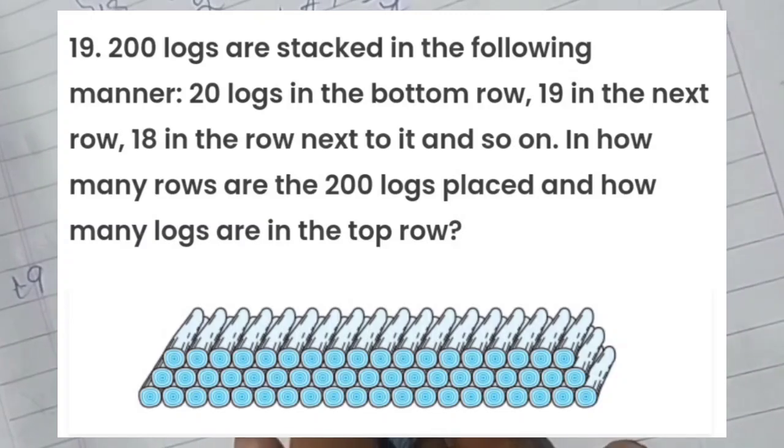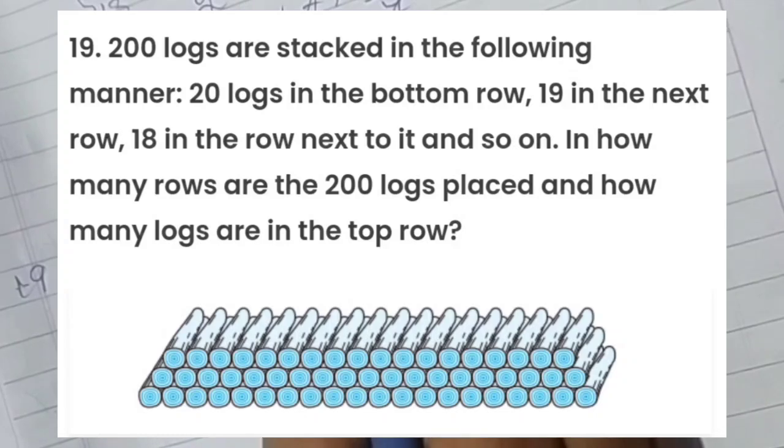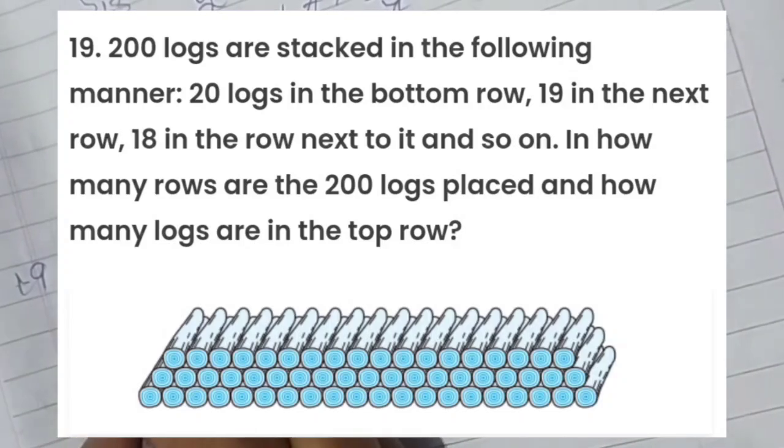Okay. So the logs are coming from the bottom, that is 20 logs in the bottom, next 19 and next they have kept 18 logs, like that and so on. In how many rows? How many rows means n is equal to question mark.